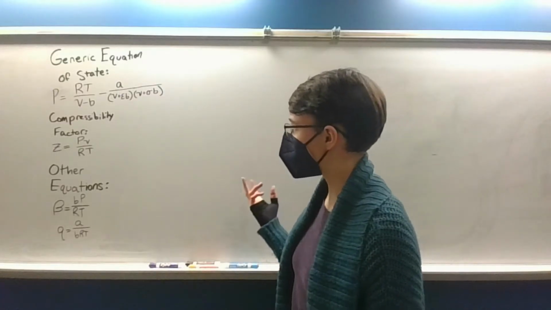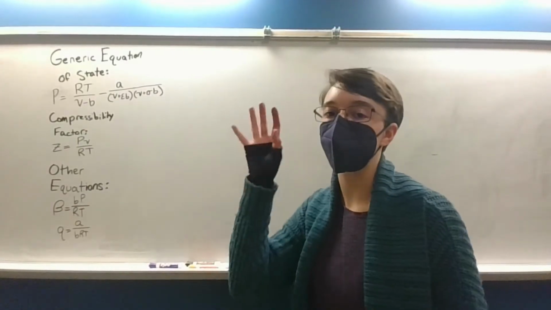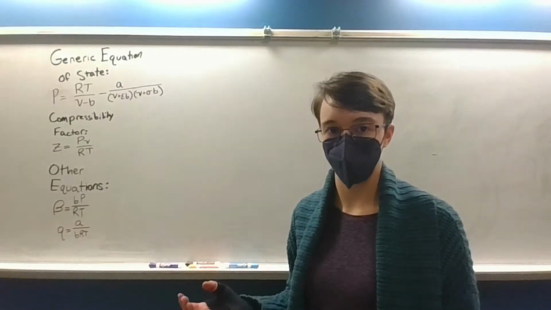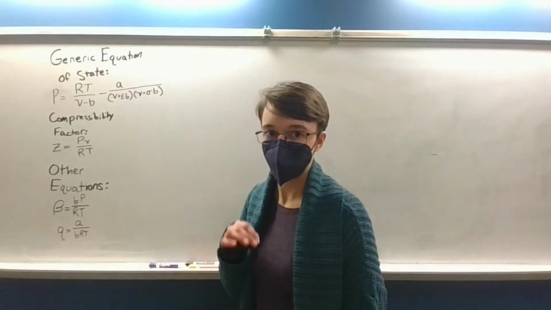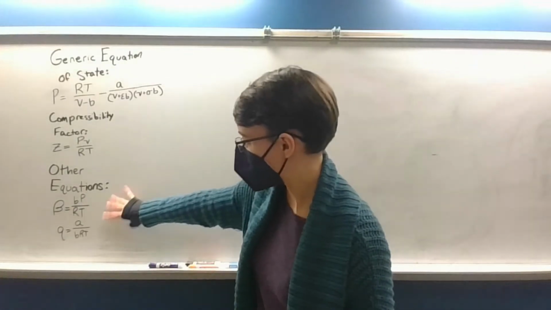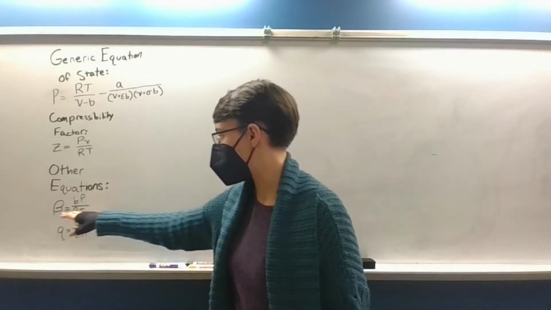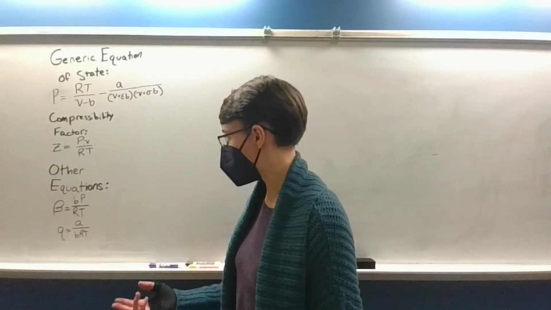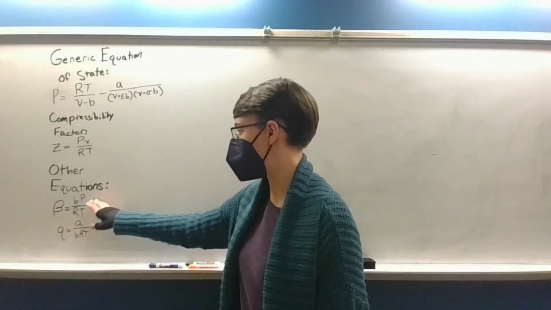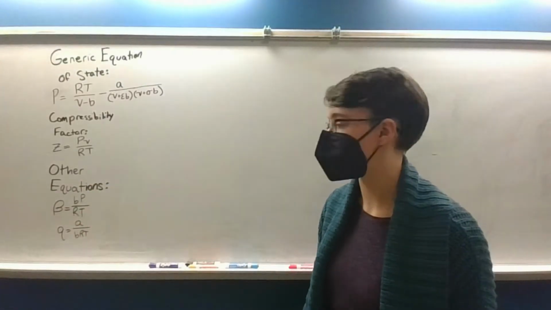So we write it in here when we're just talking about a generic equation of state and not a specific one. I also have the compressibility factor written out again. And then I've got two other equations that relate beta and q, which are two new letters that we're introducing here, to some other values that we will get to later.